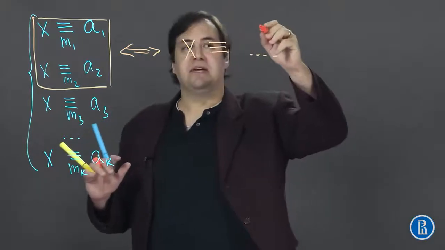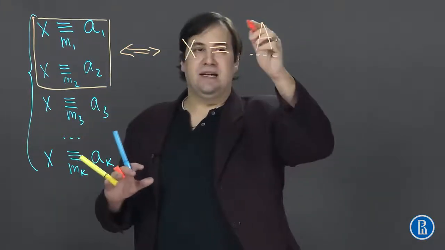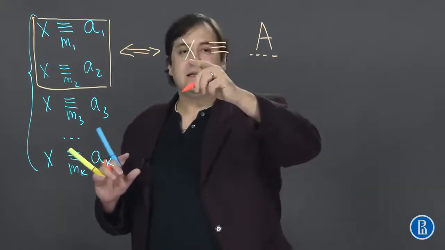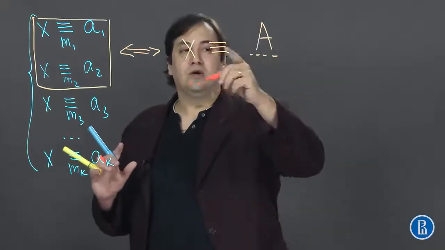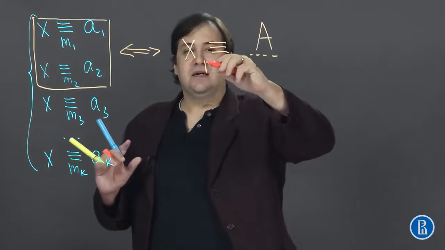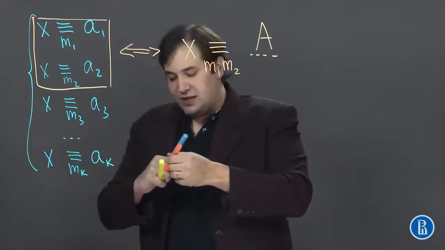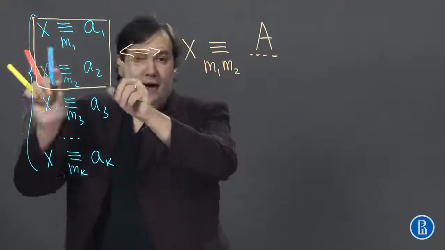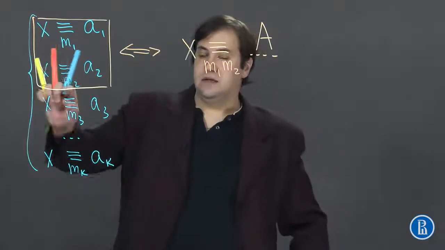We can denote this something as a capital A or in some other way. It really doesn't matter how we denote it. What matters is that x will be congruent to A modulo m1 m2. So we need to show that we can replace two congruences by one congruence modulo the product of these two moduli.